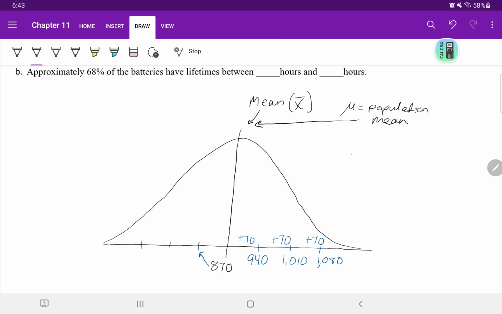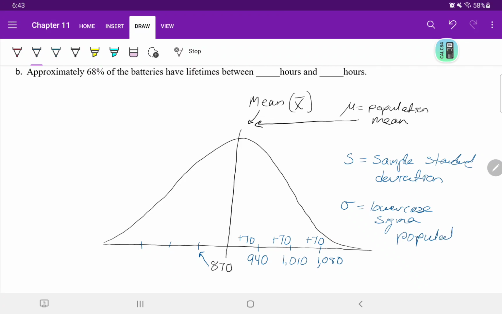Now remember, the symbol for standard deviation is S, and that is sample standard deviation. Now, you also may see this symbol right here. We call this symbol lowercase sigma, and that means the population standard deviation.